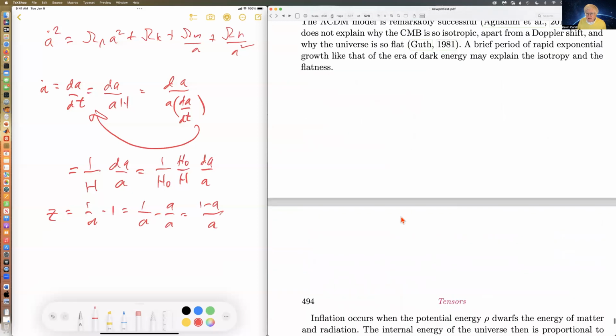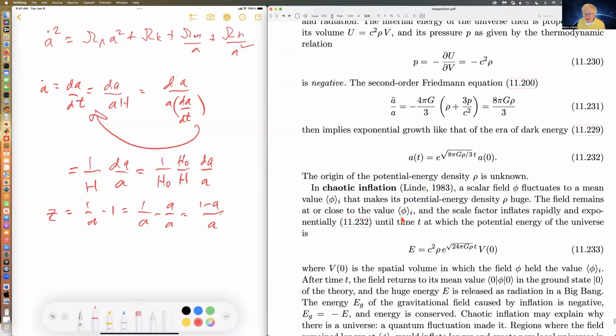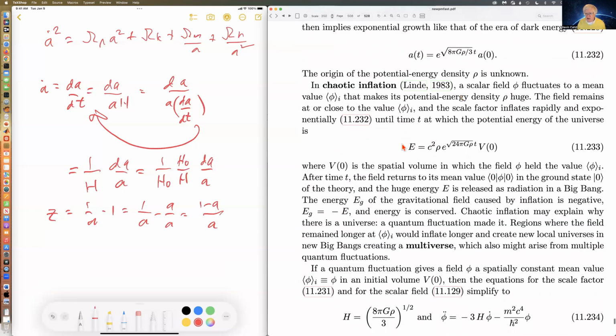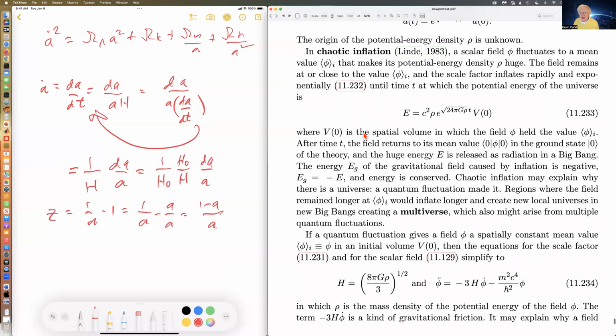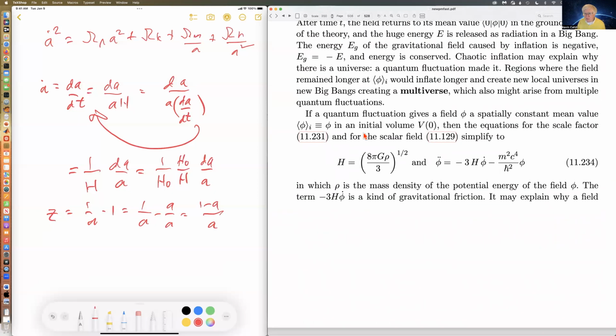So now, what was before that? Well, that's inflation, and then there's the possibility that the universe, here's the formula. Rho is the energy density, 8 pi G rho over 3.